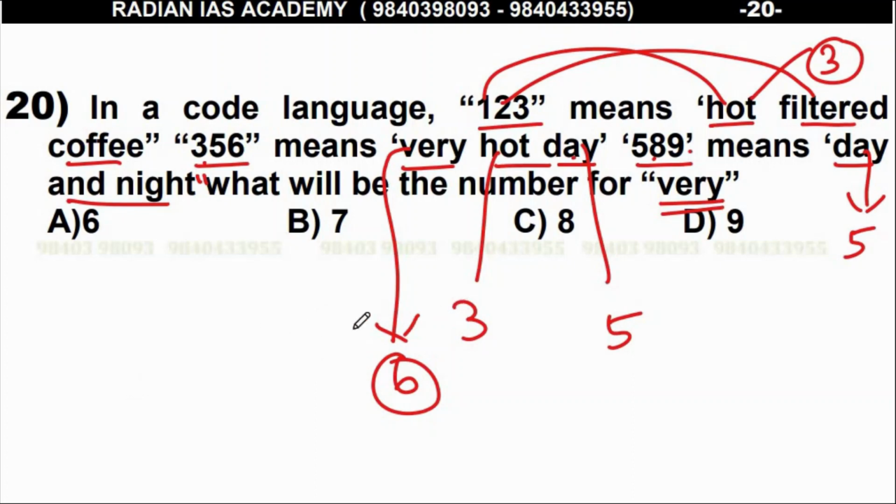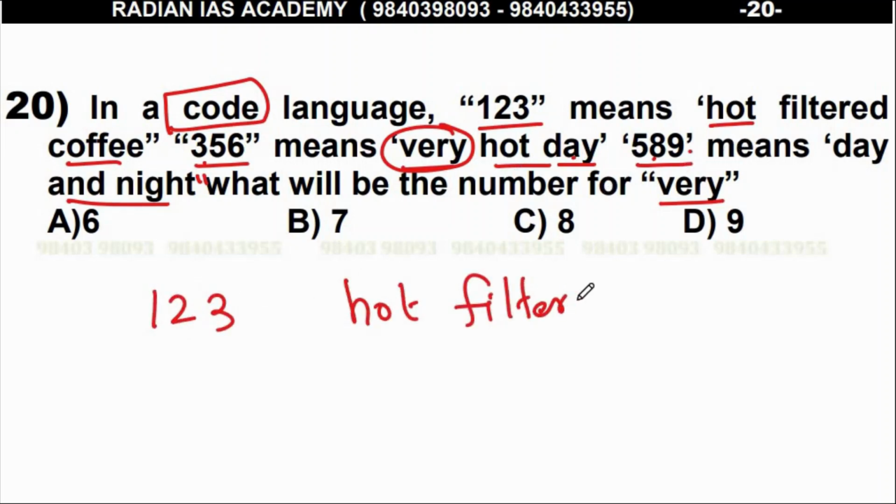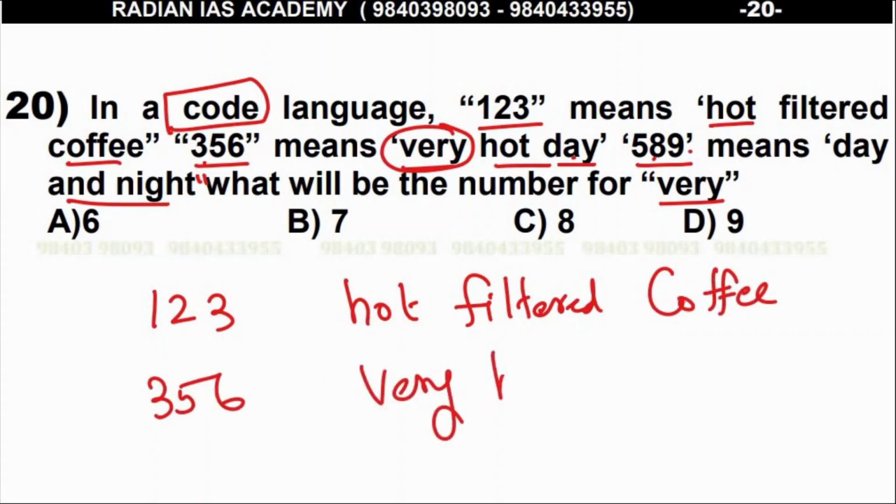Very good, Balamurugan. Okay, now look, I will explain again. I want to find what very stands for. In code language, 123 means hot filtered coffee, and it need not be in that order. 123 is hot filtered coffee and 356 is very hot day.